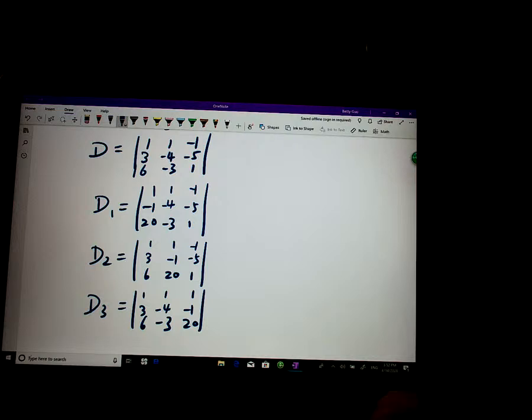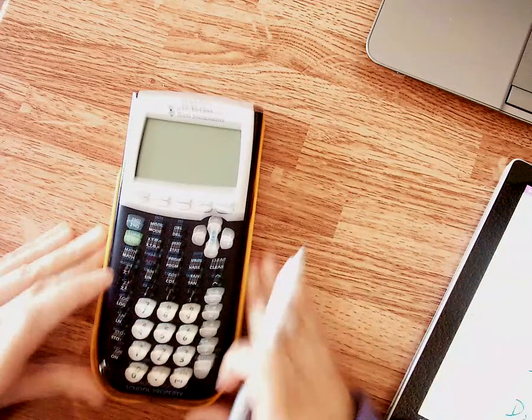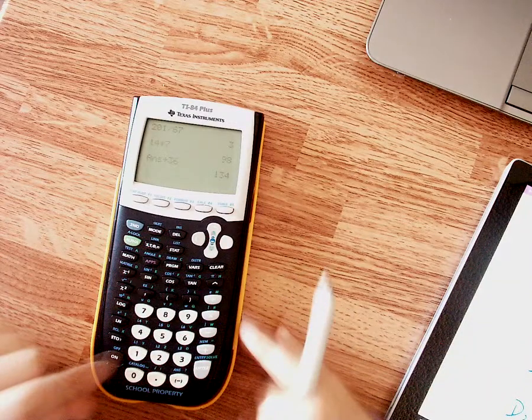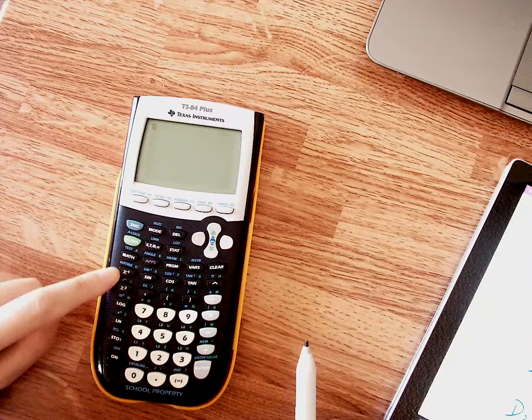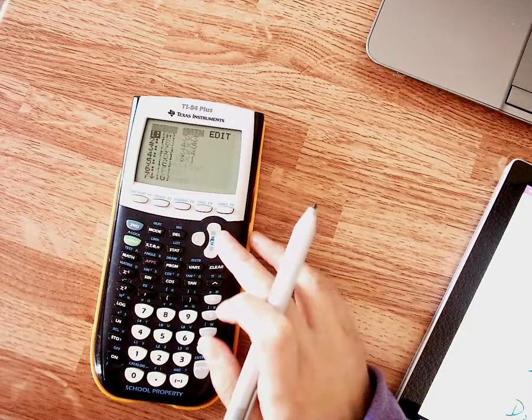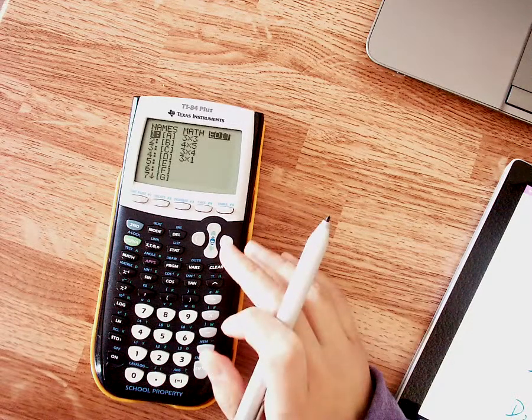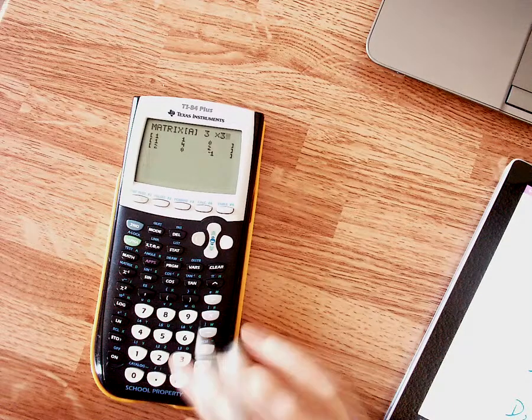So if we have time, I want to show you how to use the calculator to evaluate the determinant. Firstly, you would see matrix in blue above this key. So second, x inverse. And we go to edit matrix A. Matrix A is going to be 3 by 3.